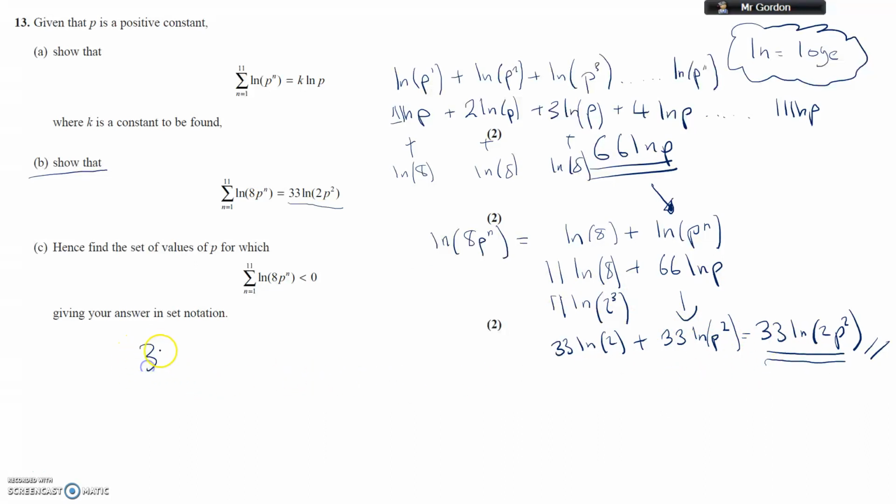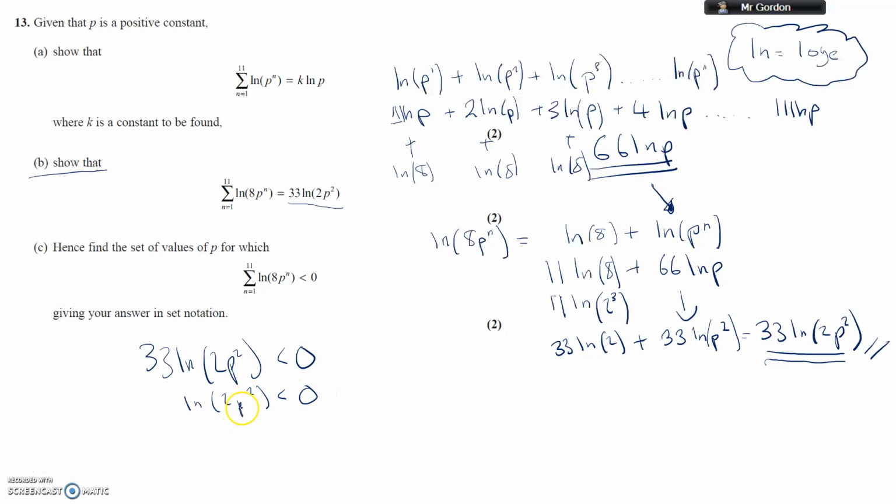So when is 33 ln 2p squared less than 0? Divide through by 33, and we get ln 2p squared is less than 0. So when is this going to be less than 0? When is it going to be negative?